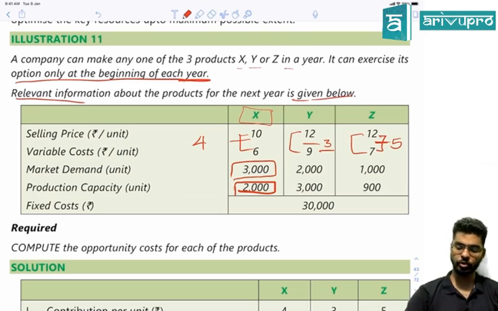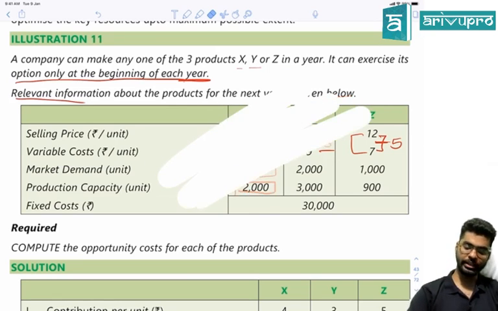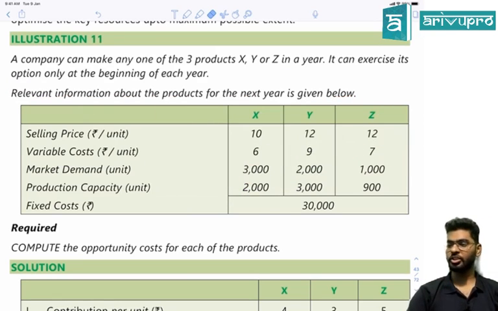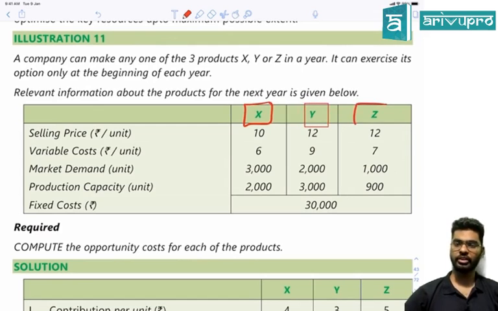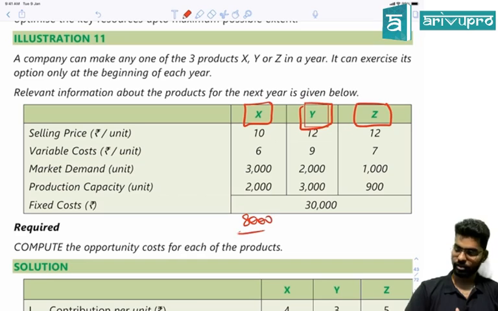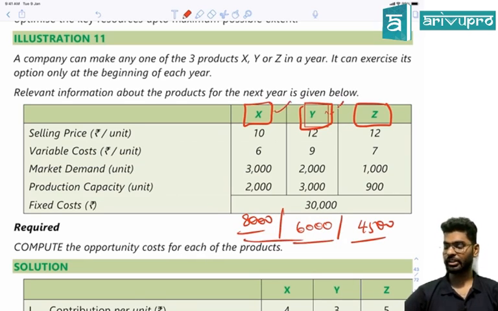How much contribution will you make when you produce X? When you produce Y? When you produce Z? First one 8,000, second one 6,000, third one 4,500. Now, whether you produce X, Y, or Z, will you still incur the same fixed cost?